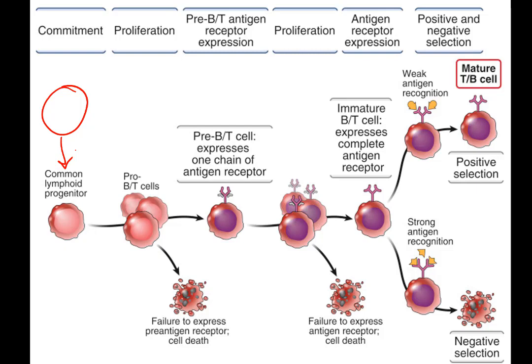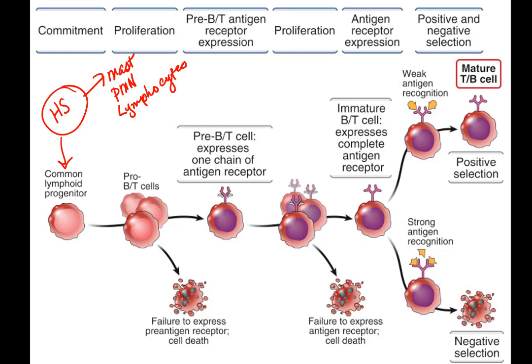So you're saying the common lymphoid progenitor is a hematopoietic stem cell? What I'm saying is this is the hematopoietic stem cell right here. This can become mast cells, this can become PMNs, this can become lymphocytes.